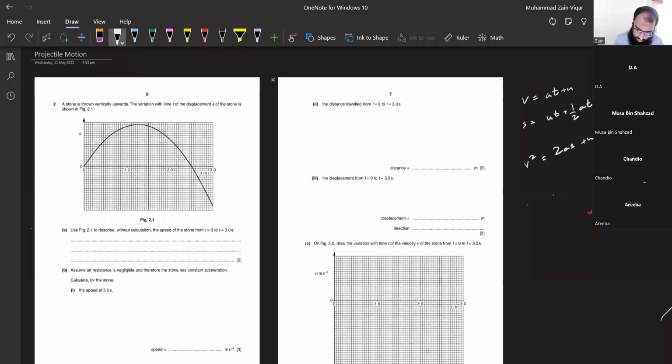And then there was another formula. S is equal to VT minus half AT square? No, not VT minus half AT square. It's UT plus 1 over 2 AT square. And if the acceleration is in the negative direction, that's why we write negative.